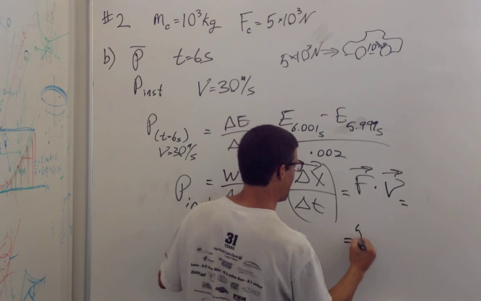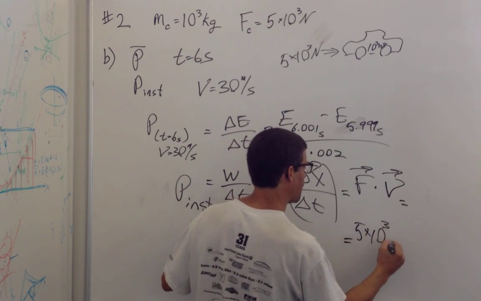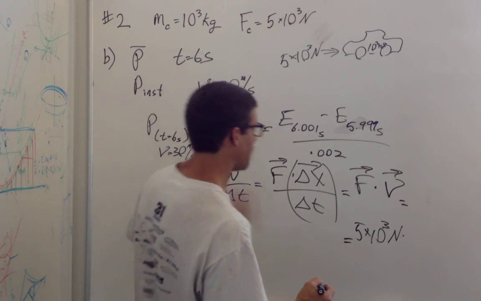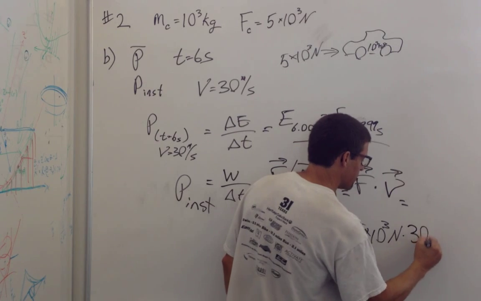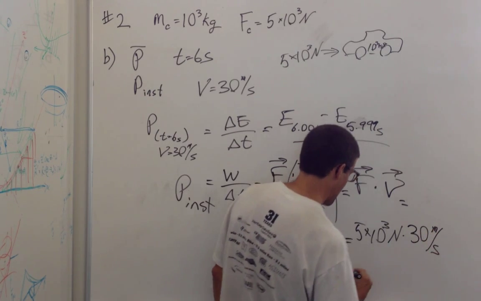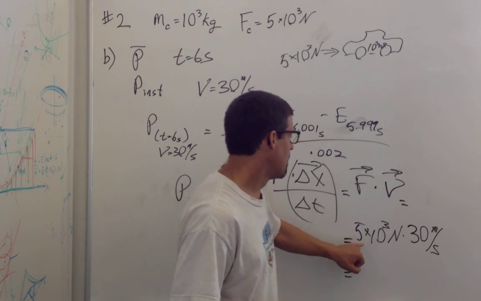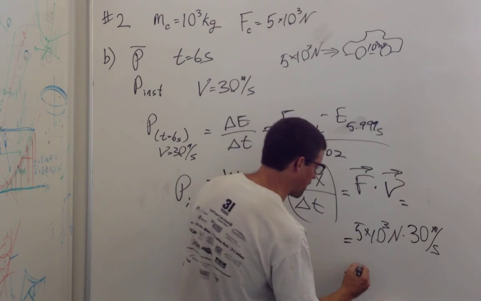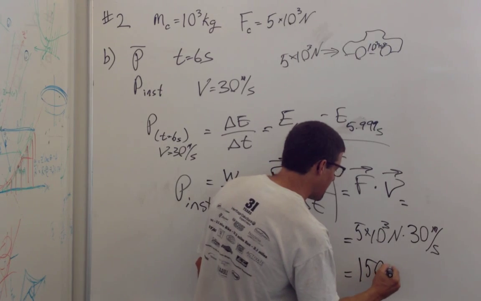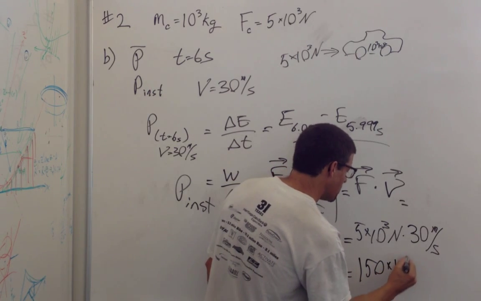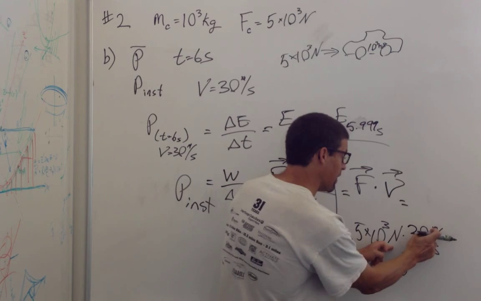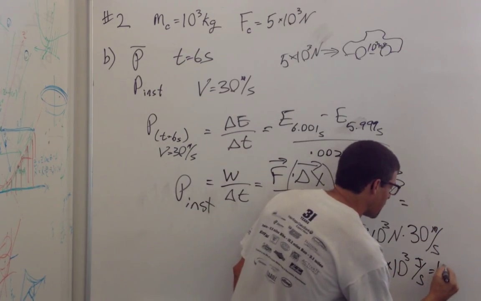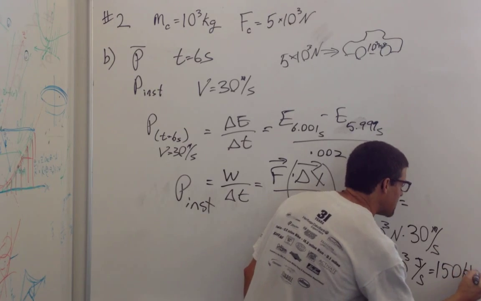That's going to be 5 times 10 to the third newtons times 30 meters per second. And what do you end up with? 5 times 30 is 150. That's 150 times 10 to the third, so 150 kilo. And a newton meter is a joule, that's a joule per second, and that's a watt, which is 150 kilowatts.